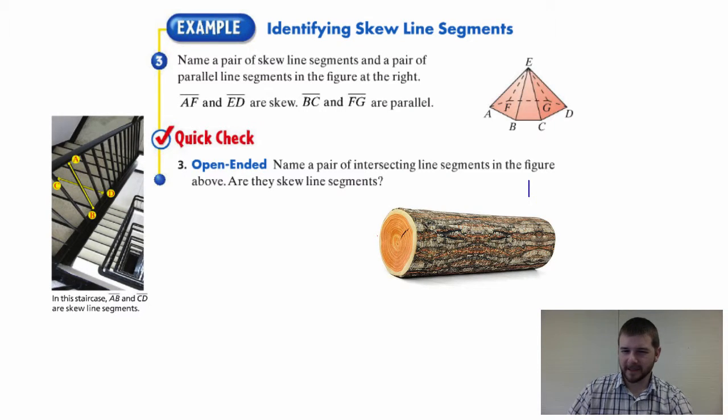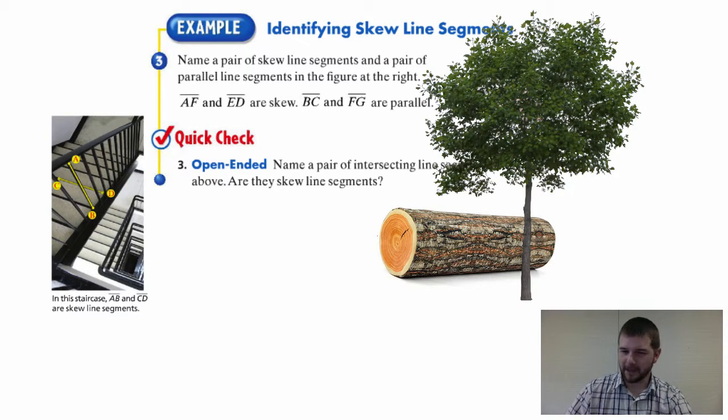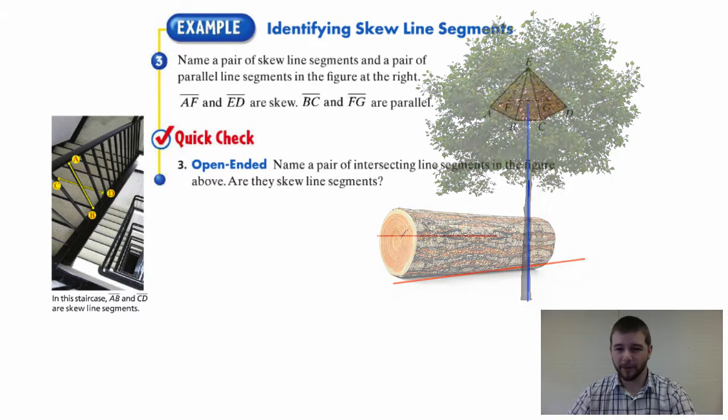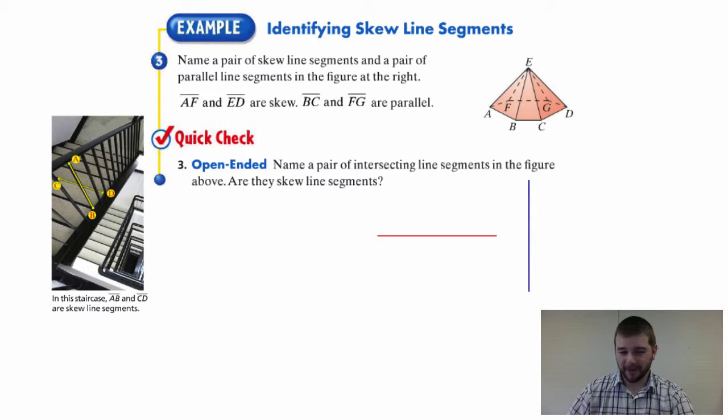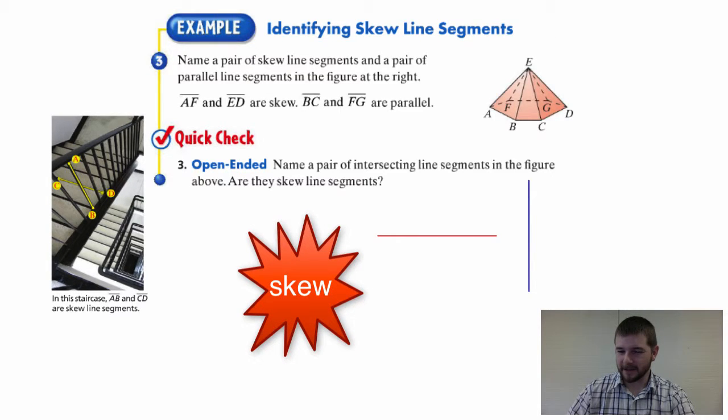And now imagine the blue line segment as maybe being like a tree standing upright, but notice the base of the tree is not in line with the log lying on the ground. These 2 line segments, they're not parallel, but they also never intersect. That's possible because they're in different planes. Now, if the two line segments were in the same plane, they would either have to be parallel or they would have to intersect in at least one point. Since they're in different planes, they're skew line segments.